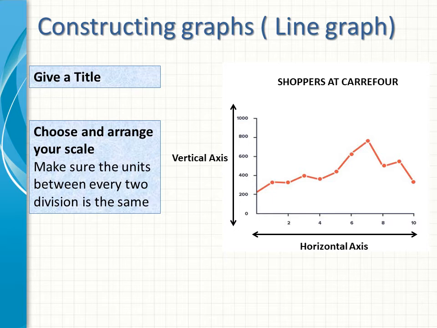If the smallest number in the information they give to you is 10 and the highest number is 50, you can start your scale from 10 and end it at 50, or you can start your scale at 5 and end it at 55. So you can choose to have 5, 20, 35, then after 35 we'll have 50.